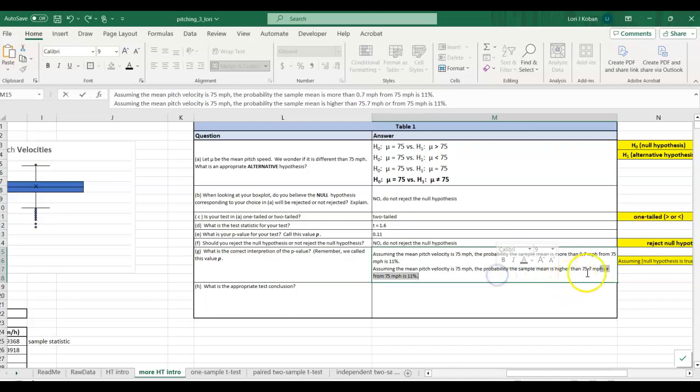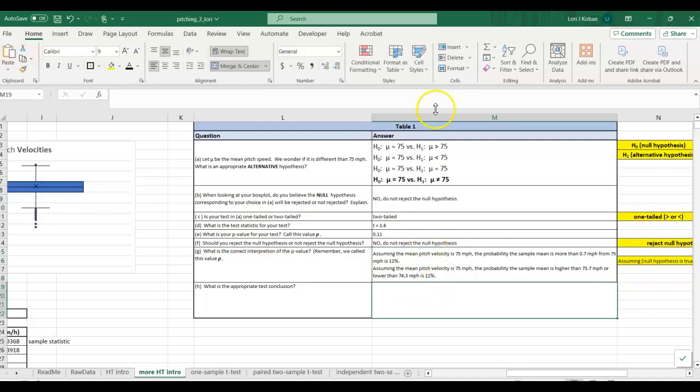So instead of being 0.7 above, it could be 0.7 below, and 0.7 below is 74.3. So higher than 75.7 or lower than 74.3. So the probability the sample mean is bigger than 75.7 or lower than 74.3 is 11%. There's a good chance it's going to happen.